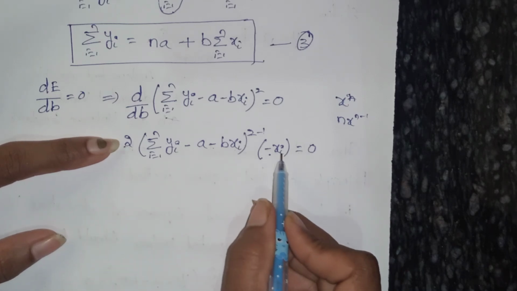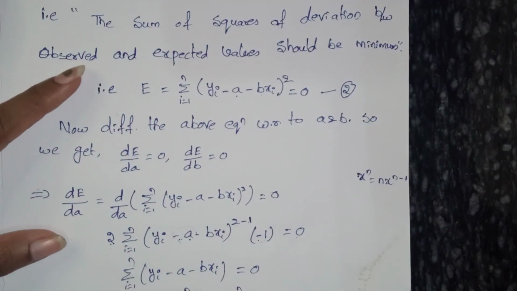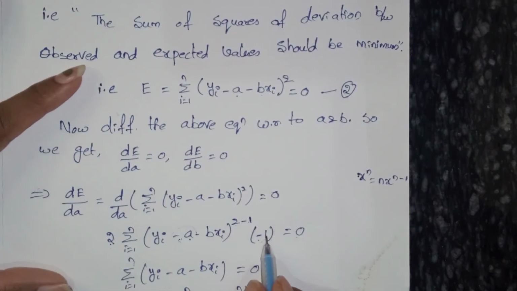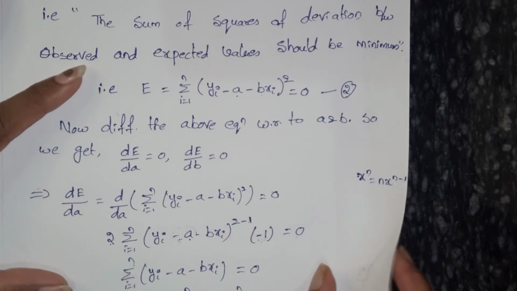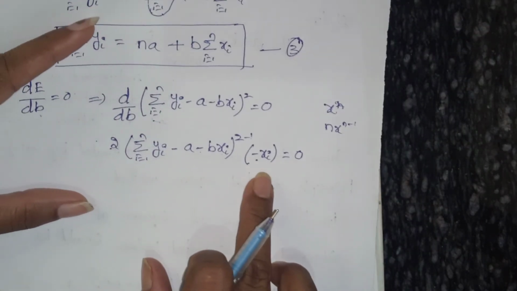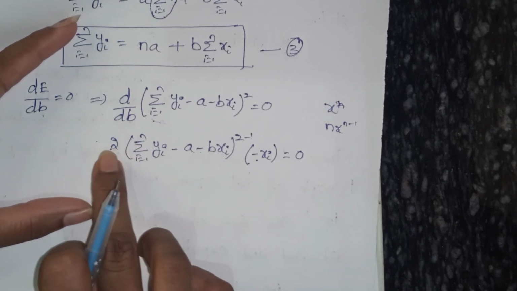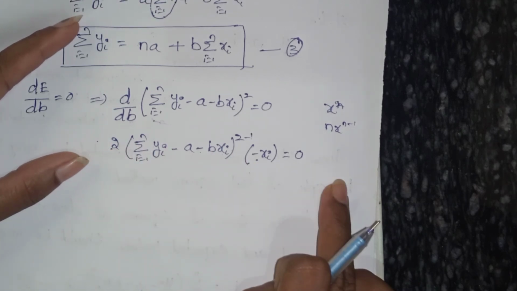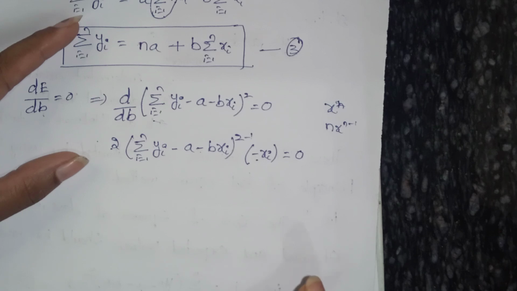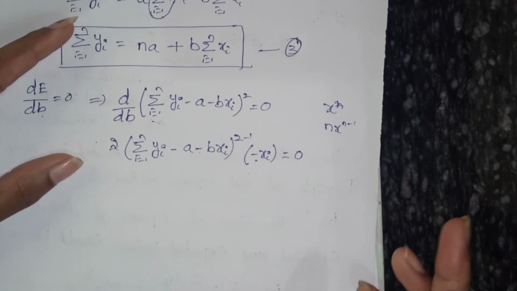Xi we should not take. Here only minus 1 was there, so we took minus 2 from LHS to RHS. But here we have minus xi, so only minus 2 we take to that side, not minus 2xi.